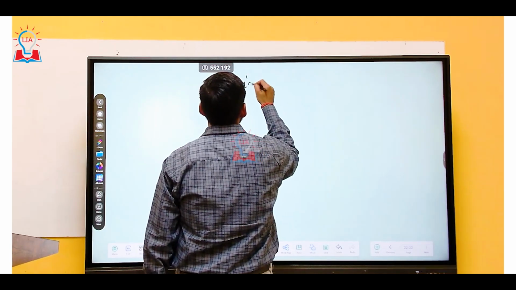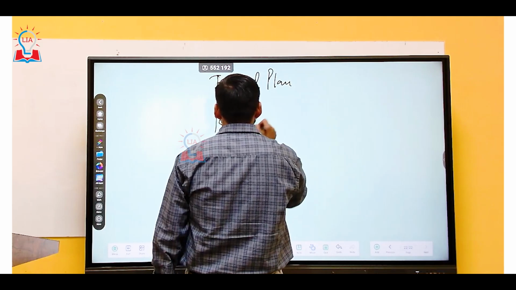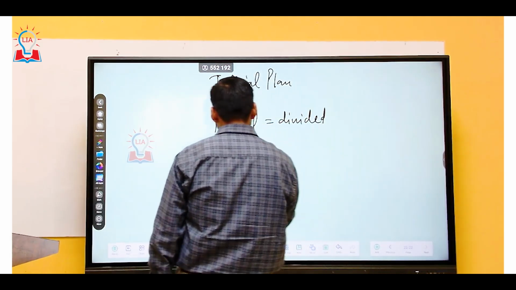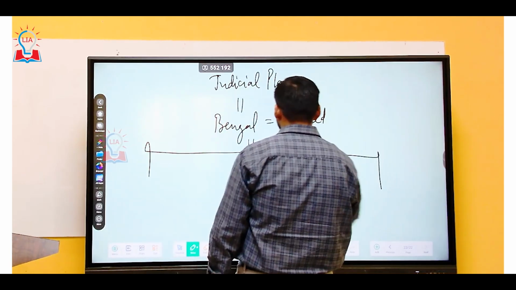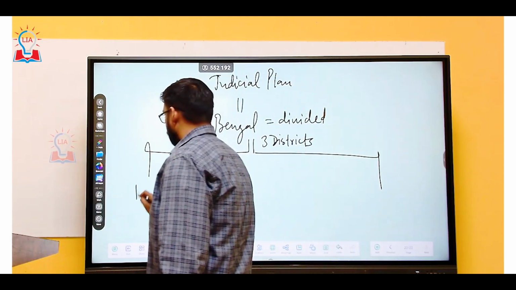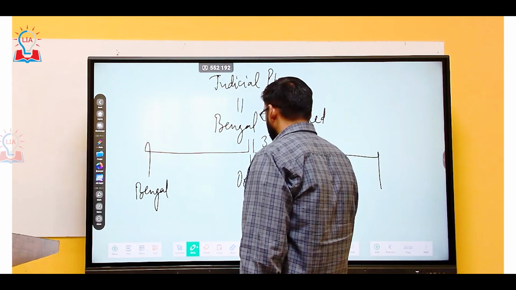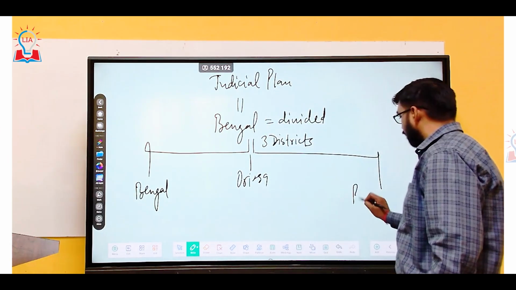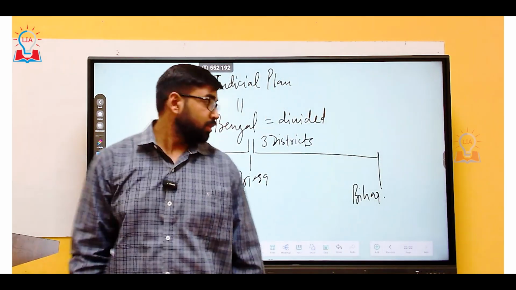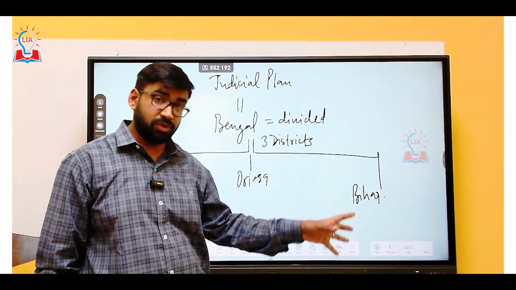Those 3 districts are Bengal itself, Orissa, and Bihar. Bengal was divided into 3 districts: Bengal, Orissa, and Bihar.